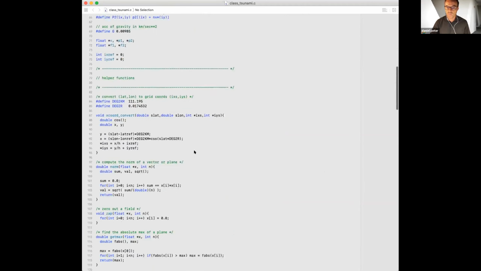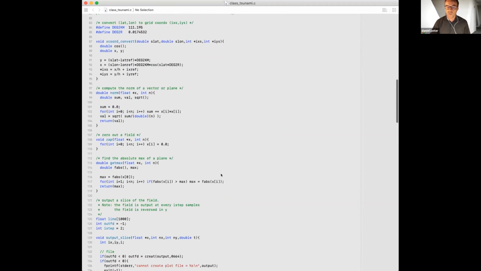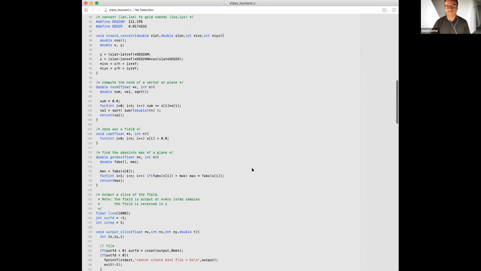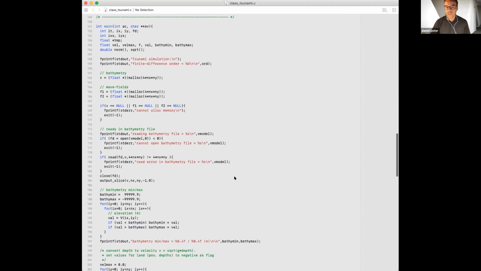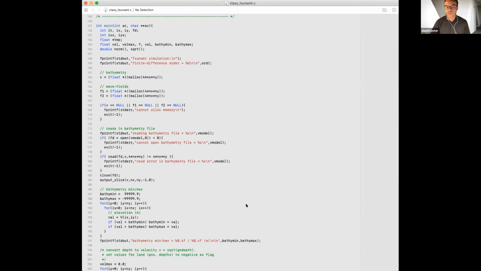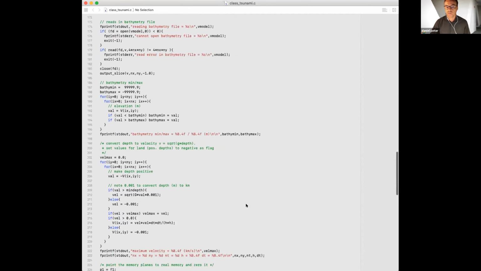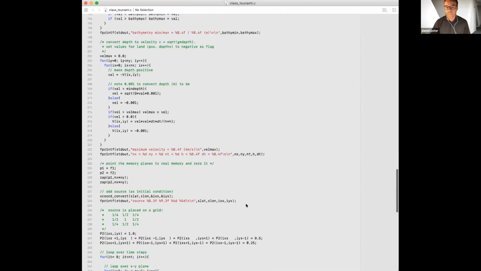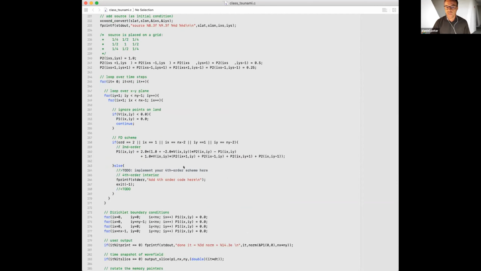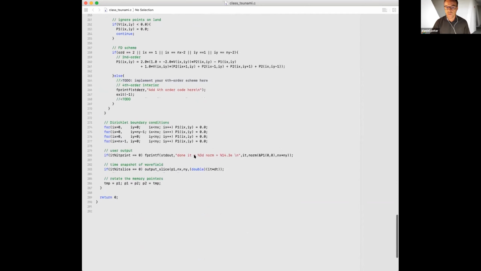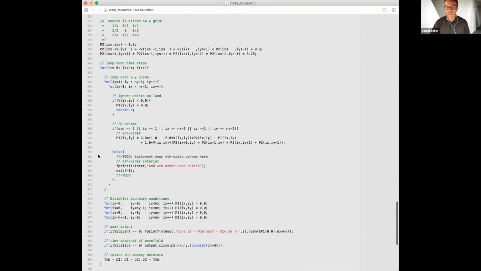So it's setting up the grid, it reads in the bathymetry, and then runs this main program here. There is not much for you to change in that respect. Here, this is the source, the boundary, but you see this part here. That's where you would add your modifications now.